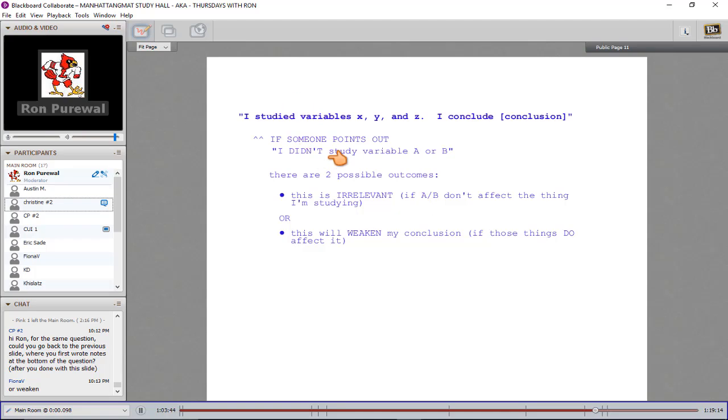If somebody points out, hey, you didn't study whether these people live in pollution or work in a job with poor air quality, that actually weakens my argument, because those things do matter when it comes to lung cancer. But no matter what, you can't make this strengthen my conclusion. That's impossible, because a lack of data cannot strengthen something.